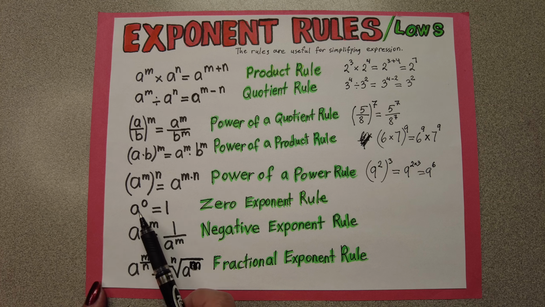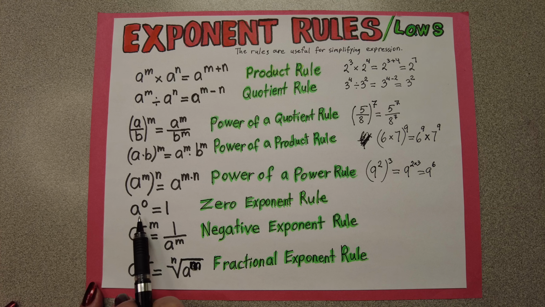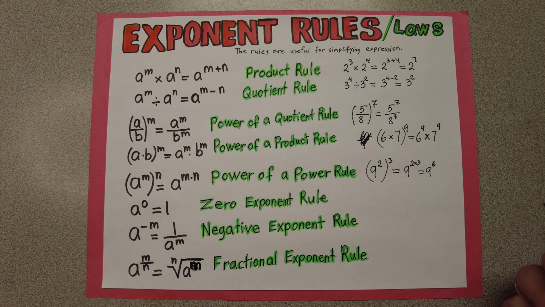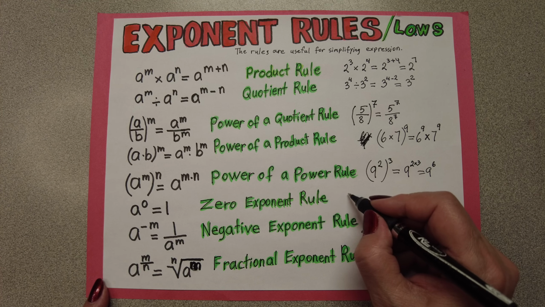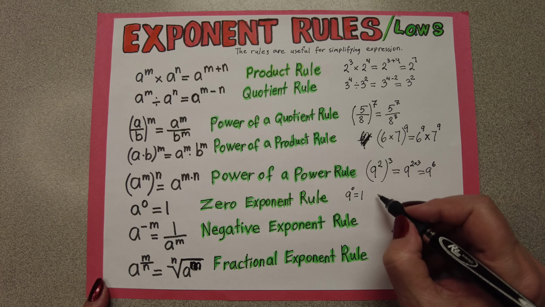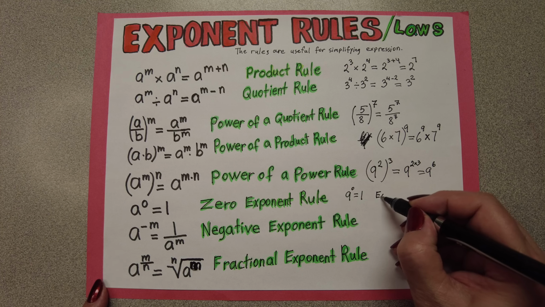Okay, next one is the zero exponent rule. As we talked about in the previous lesson on types of exponents, a to the power of 0 equals 1, for any number. 9 to the power of 0 equals 1. Let's do an example.